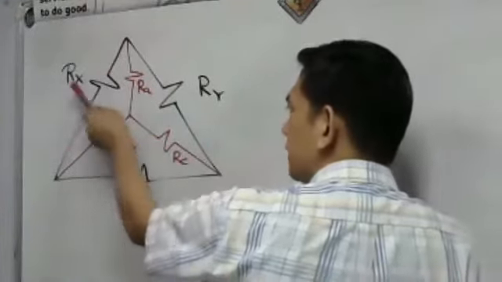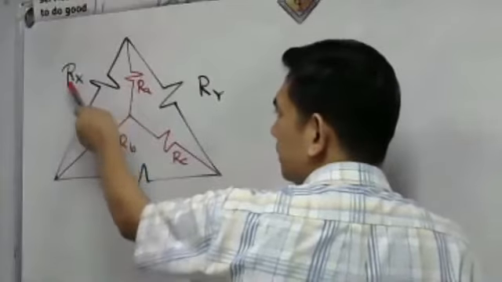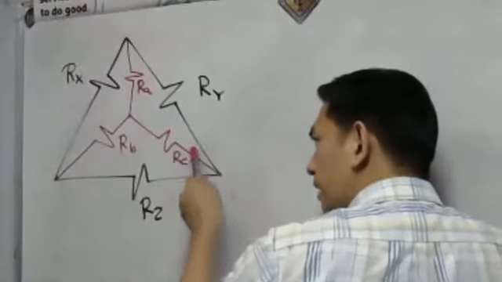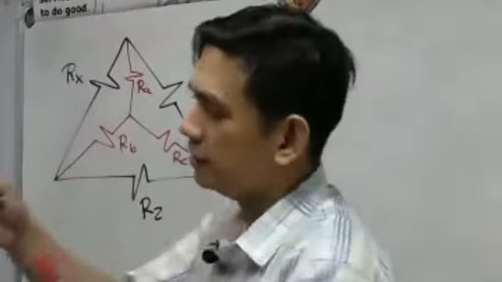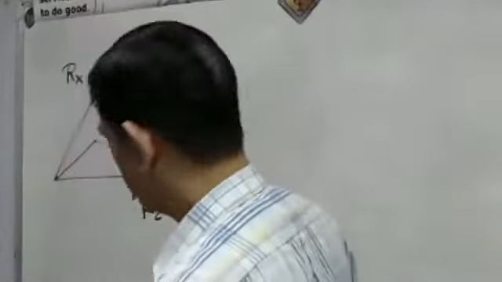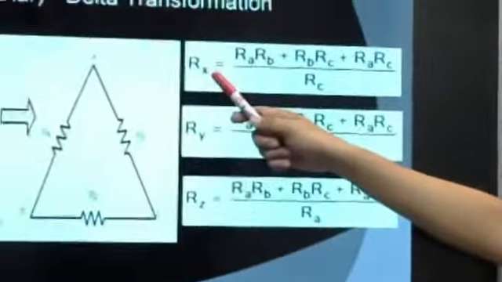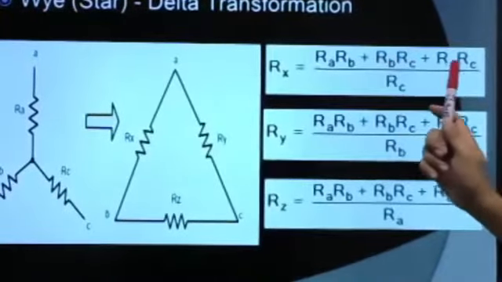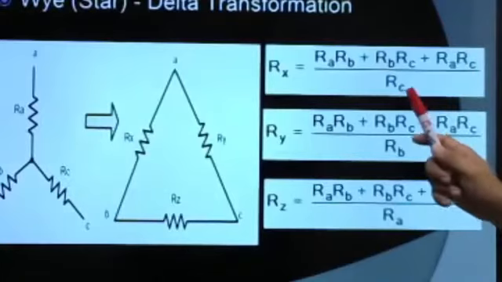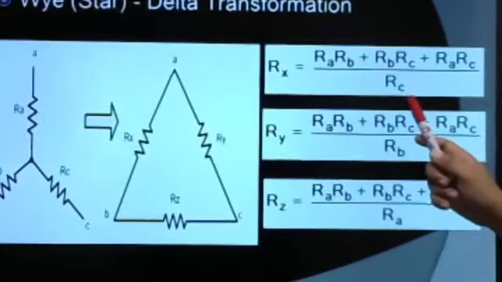Take a look here. What is the opposite of our Rx? The opposite of our Rx is our Rc. So it is shown here in our PowerPoint. This is our Rx, that is the sum of AB plus BC plus AC resistors, then divided by our Rc.